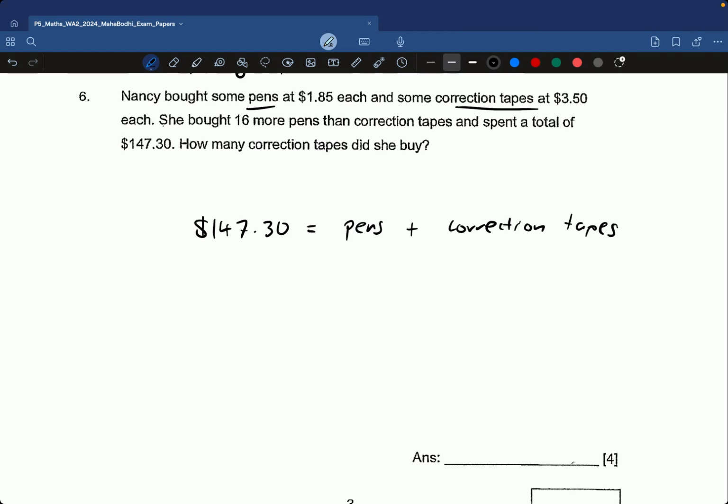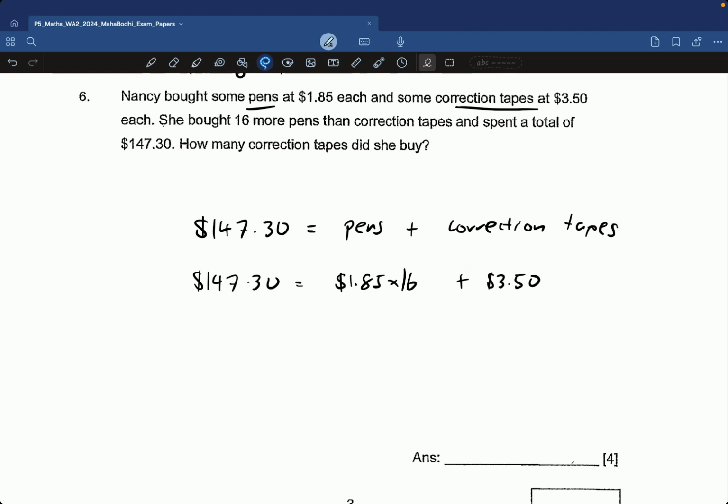So $147.30 is equal to $1.85 for each pen, and $3.50 for each correction tape. And she bought 16 more pens. So in a way, we have pens times 16 plus correction tapes.